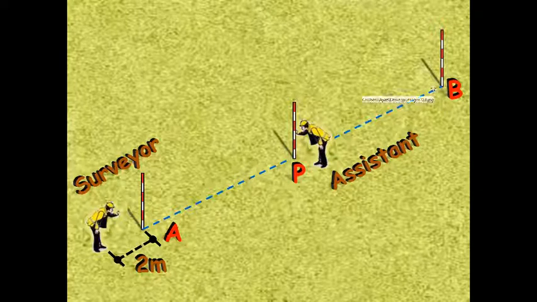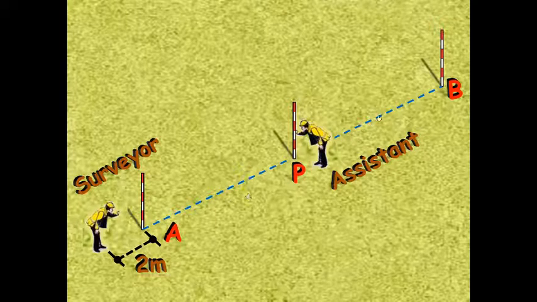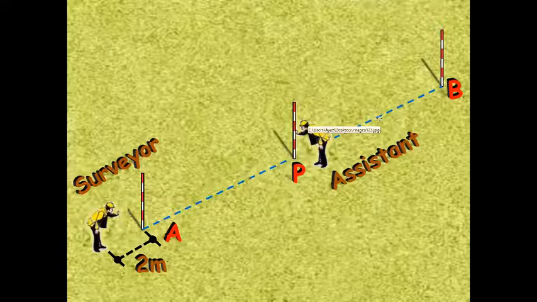Intermediate points need to be set out on this path. The distance between these intermediate points depends on the length of the measuring tape or why you want to do ranging.